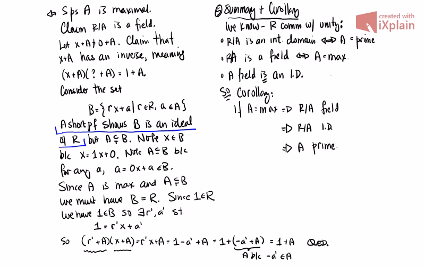So what this means is that maximal ideals are prime. A maximal ideal must be prime. But the reverse is not true, as we've seen. And that's the end of chapter 14 completely.